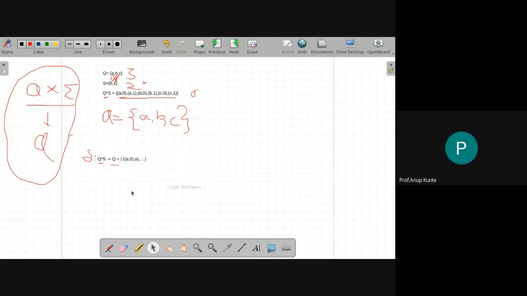What this indicates is I take this pair A0 and I connect it to this A.